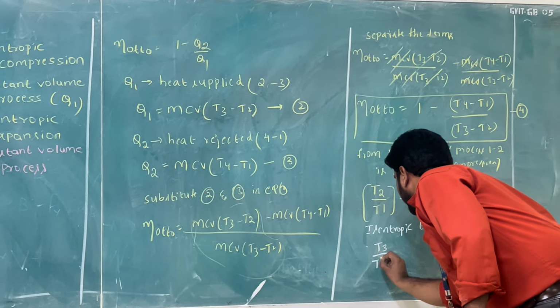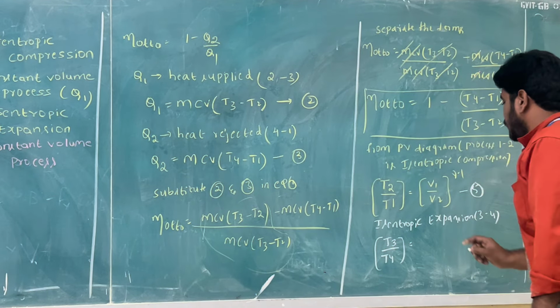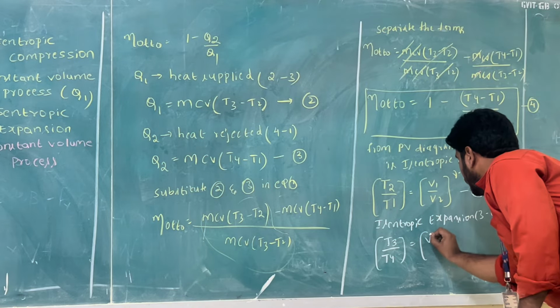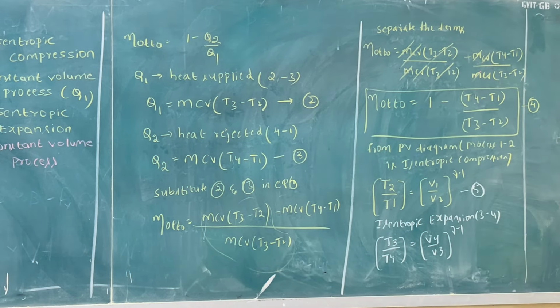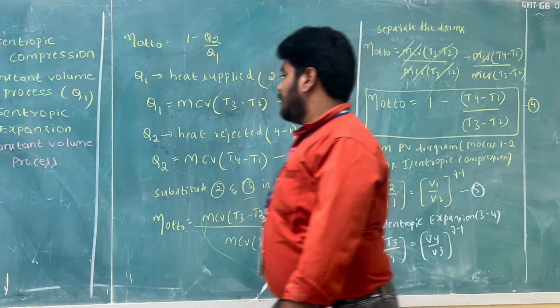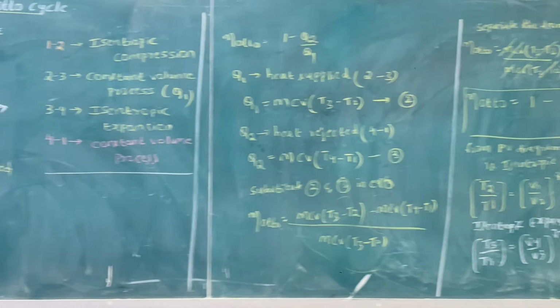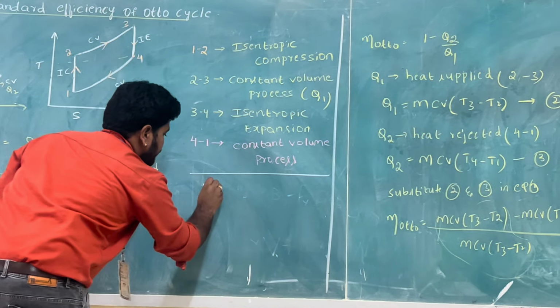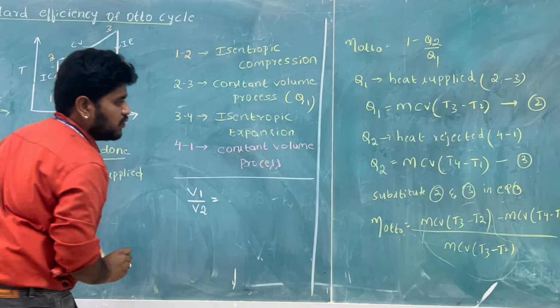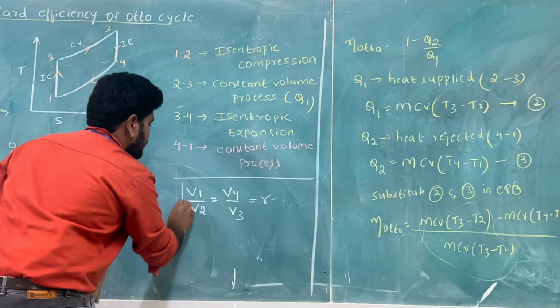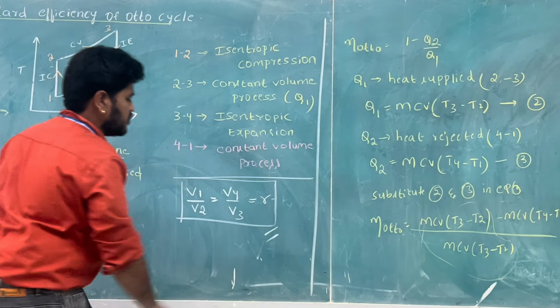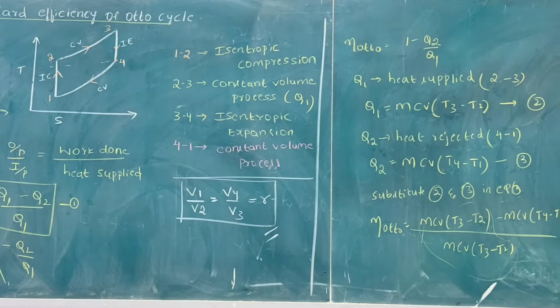So I will take T3 by T4 equals, now write the inverse of this one, that is (V4 divided by V3) to the power of gamma minus 1. As I already told in the previous derivation, V1 by V2 or V4 by V3 can be taken as r, that is the compression ratio or expansion ratio.